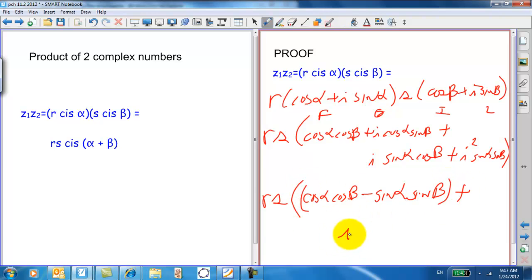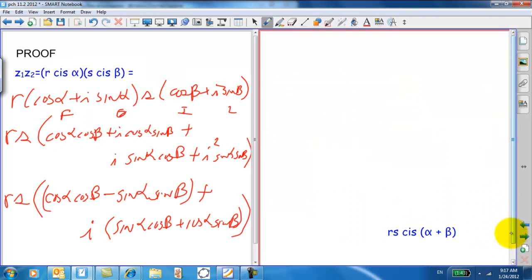Plus, factor out the i from these two, and we get sine alpha cosine beta plus cosine alpha sine beta. All right. And so we have RS times the cosine of alpha cosine beta minus sine alpha sine beta.